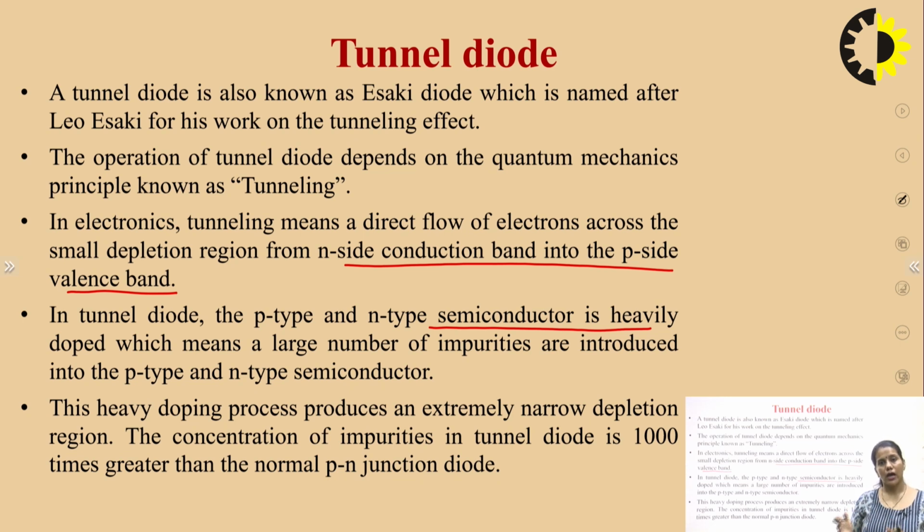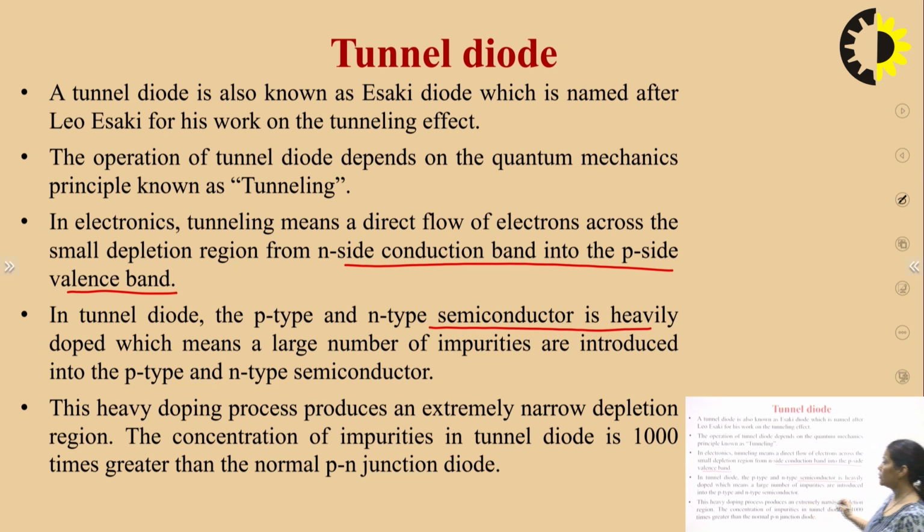So with very heavy doping, the depletion region width is very narrow in the case of tunnel diode. And due to this very narrow depletion width, the valence band of p-type and the conduction band of n-type material come into alignment, and the charge carriers directly move from one region to another. This is how the tunneling takes place. This is the main working of tunnel diode.